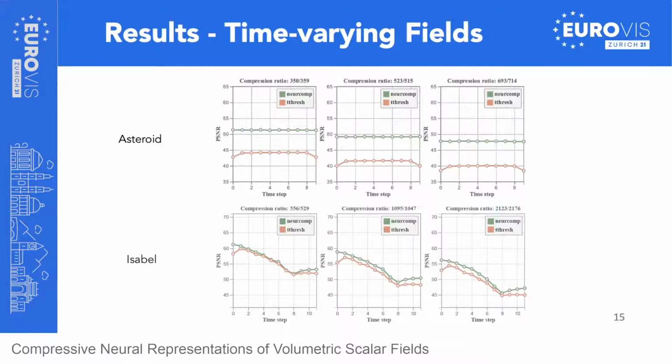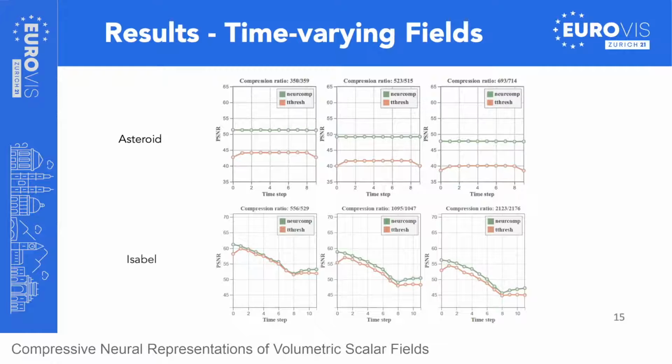We also show the superiority of our approach on time-varying scalar fields using the asteroid data on the top row and Isabel data on the bottom row at varying compression ratios. The compression ratios are denoted as x/y at the top of each subplot, where x is the compression ratio of our approach and y is the compression ratio of TTHRESH. As the figure shows, our approach achieves superior results on the asteroid dataset when compared with TTHRESH, with more stability on both ends.